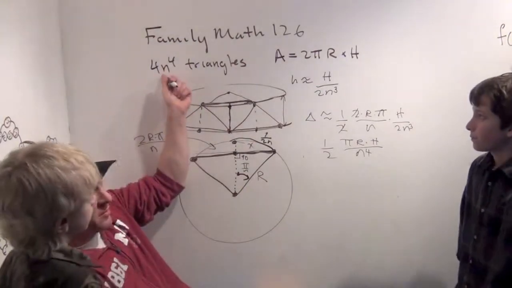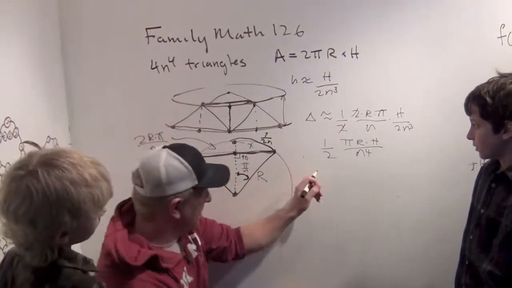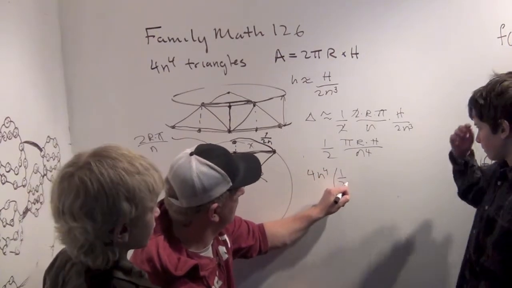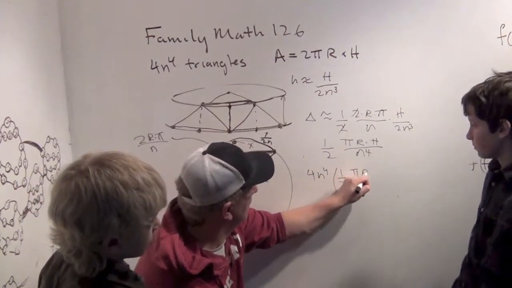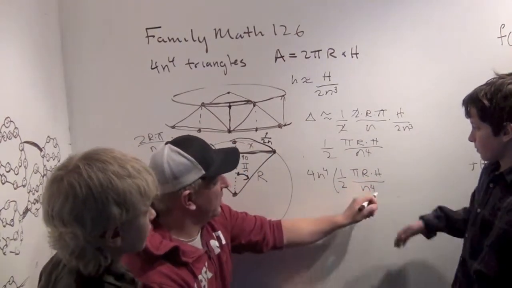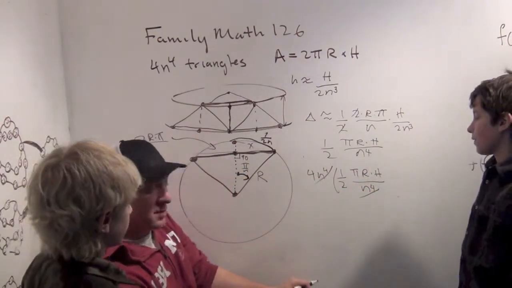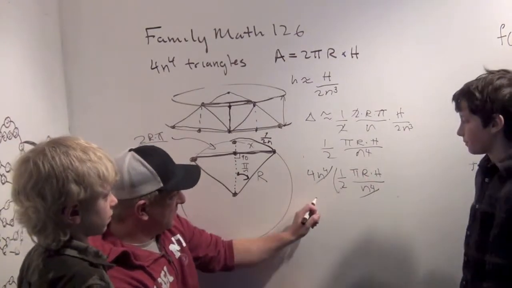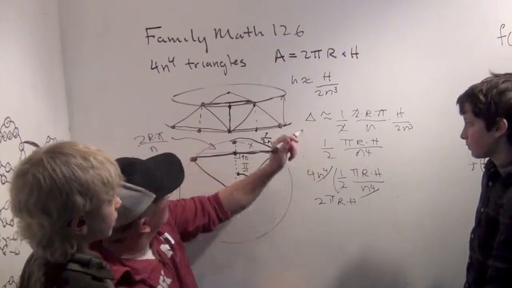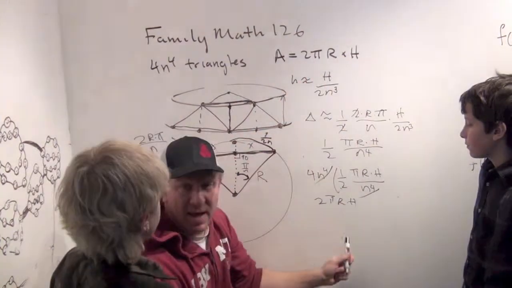Now we multiply by 4n to the 4th. What happens? Well, n to the 4th and n to the 4th cancel. And the 4 cancels with the 2, and I get 2 pi r h. Hey, 2 pi r h. That's exactly what I got.